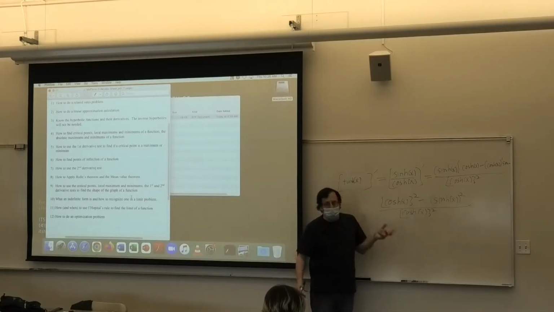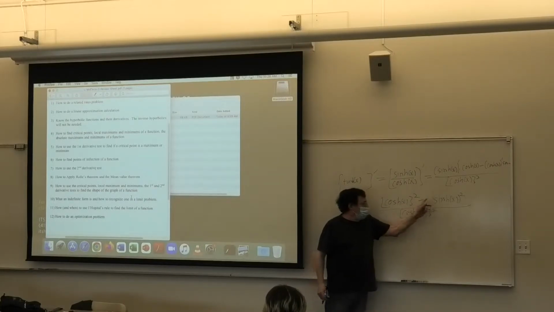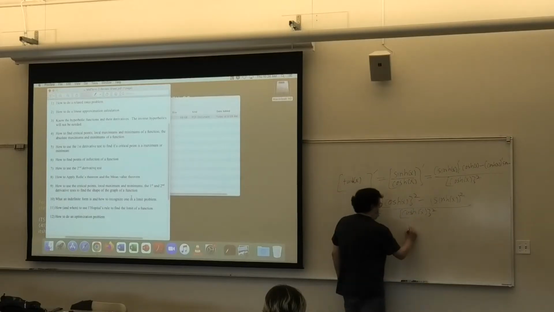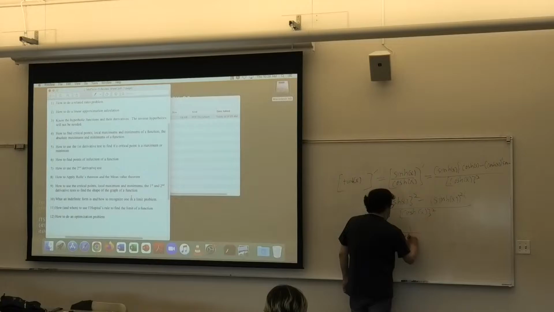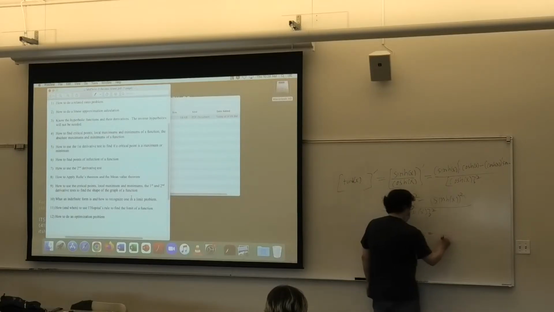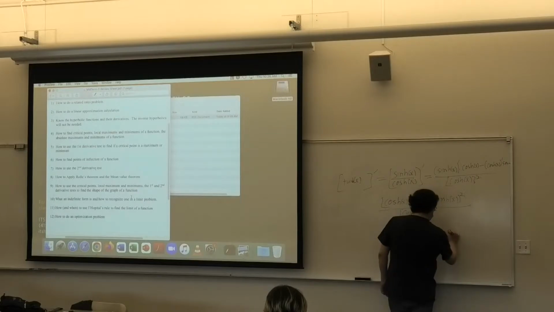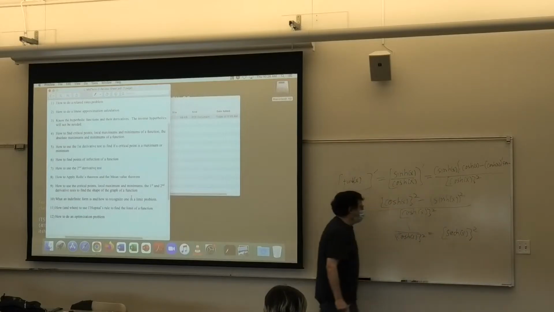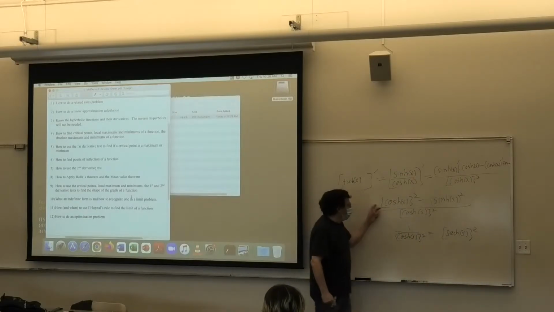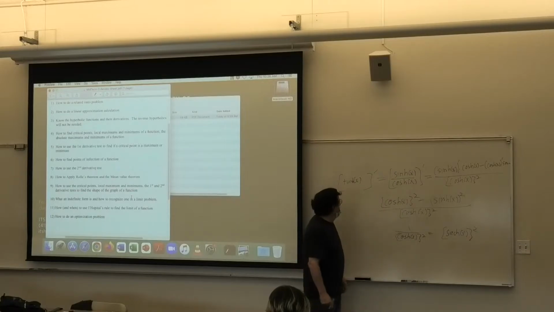It's like the Pythagorean identity, but for hyperbolics. Hyperbolic cosine squared minus hyperbolic sine squared is 1. So this is 1 over cosh squared x, which is hyperbolic secant squared. And you wouldn't actually have to get to here. If you got to here, I would be fine.